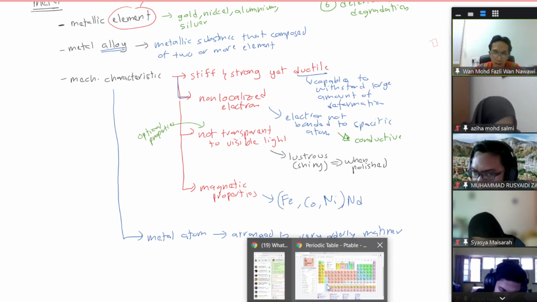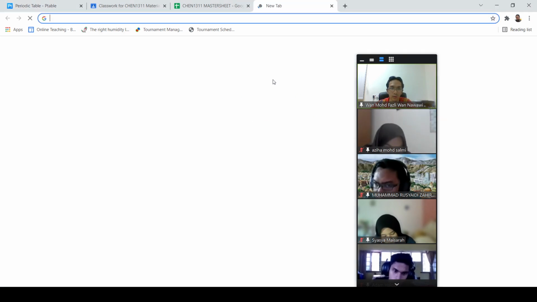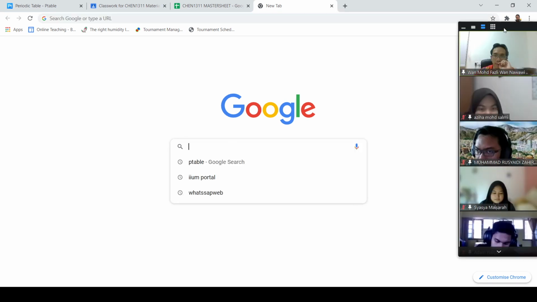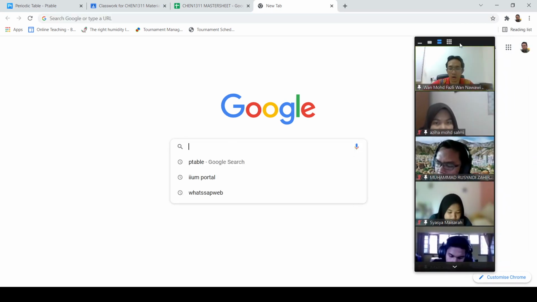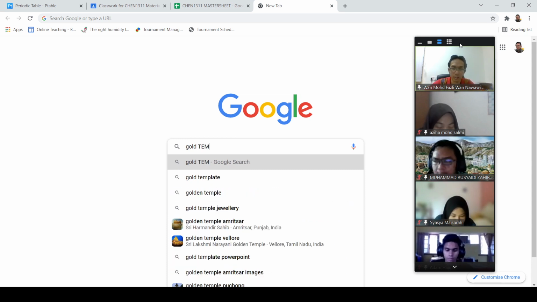So for example, let's go to images. Let me search for gold, TEM. Gold is metal. TEM is basically equipment like a microscope, but instead of using light, it uses electrons to see.